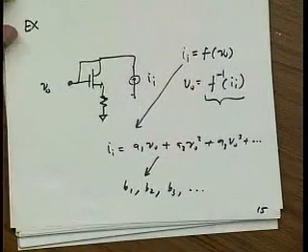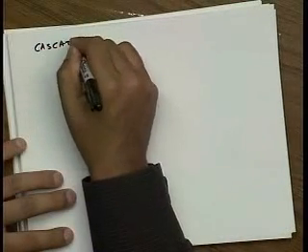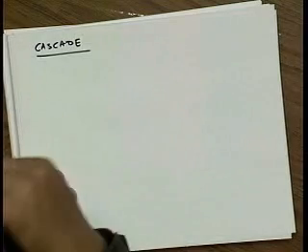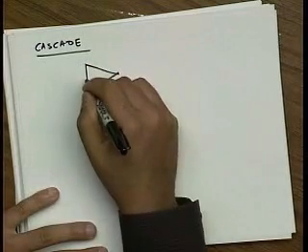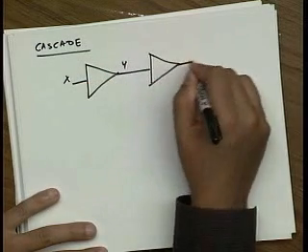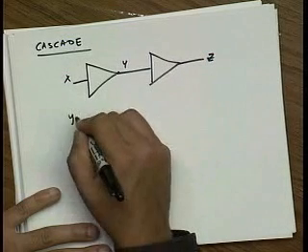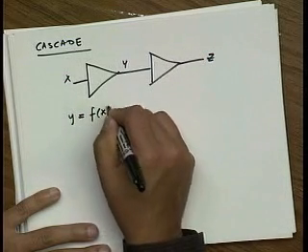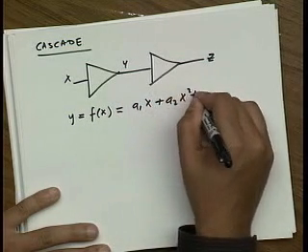Okay. Well, the other important trick is cascading. And this is actually a very practical situation. It's very common that you'll take, let's say, one amplifier and cascade it with another, right? So let's say that y is some nonlinear function of x, which again we Taylor series expand.